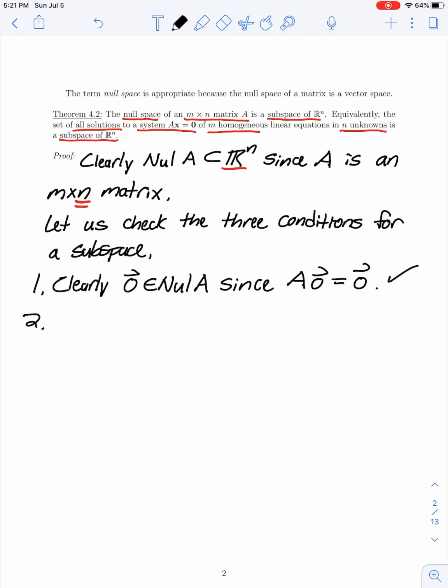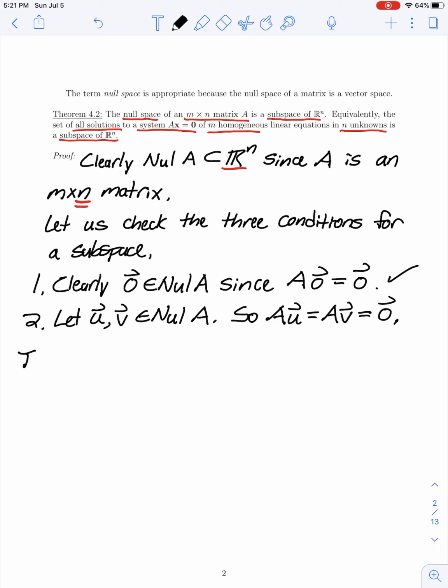Now the second condition for a subspace is that it must be closed under vector addition. So let's suppose that we have two vectors, let's call them u and v, which are in the null space of A. That means that A times u and A times v are both equal to the 0 vector, since u and v are in the null space of A. Then let's see whether the sum u plus v is in the null space.